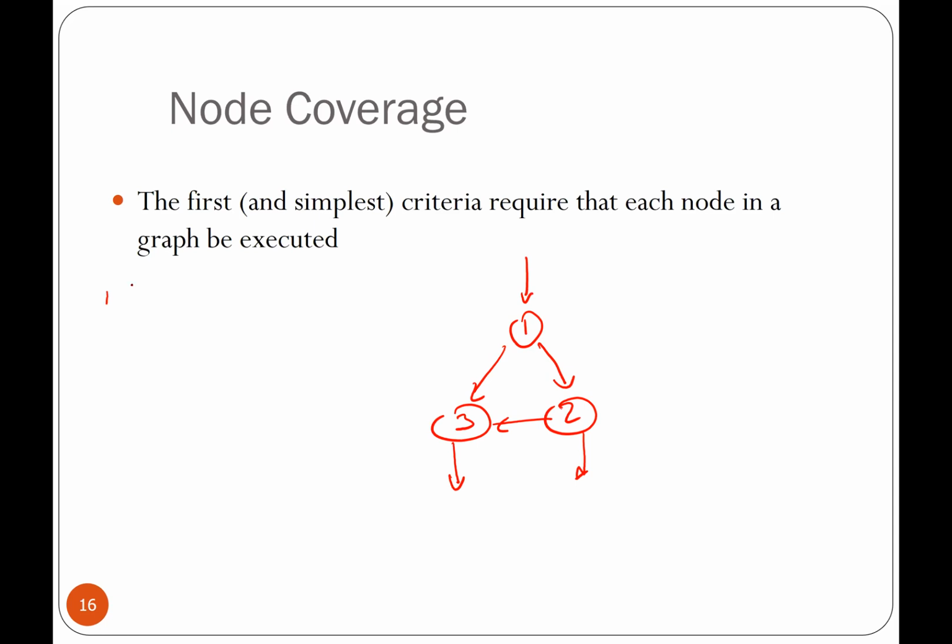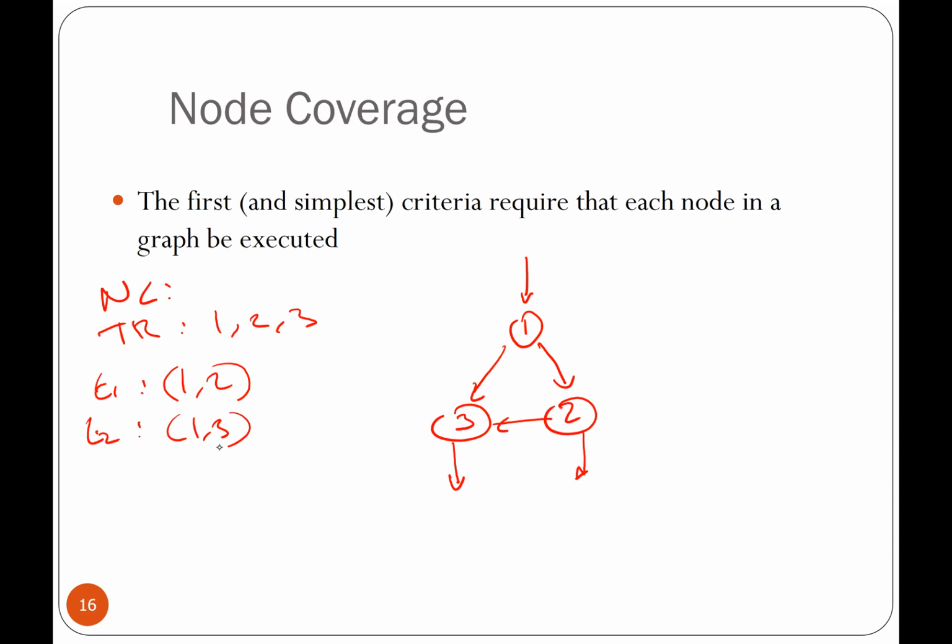Now, if I'm doing node coverage, the test requirement says I need to go to 1, 2, and 3. Let us think of a number of test cases that would cover that. Test case 1 is 1, 2, and I'm out. And then test case 2, 1, 3, and I'm out.